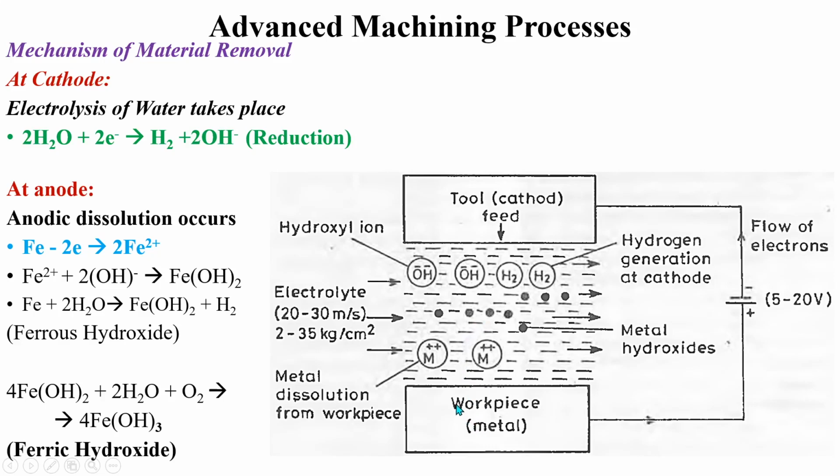You know that these atoms are bonded together. So the atoms present at the surface which has contact with the electrolyte, in order to complete this circuit, there must be a flow of current from the anode to the positive terminal.